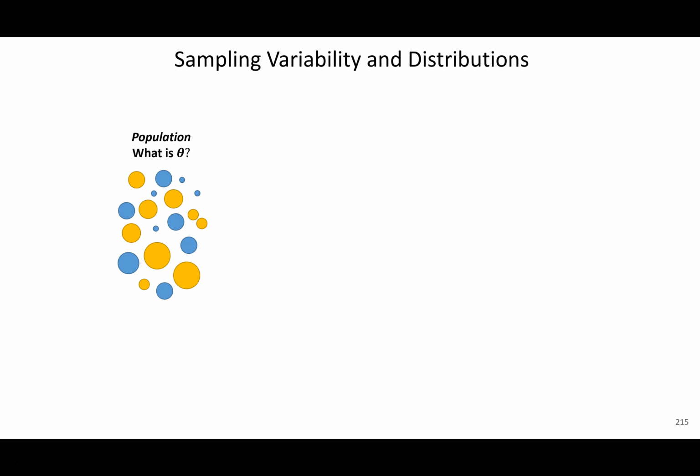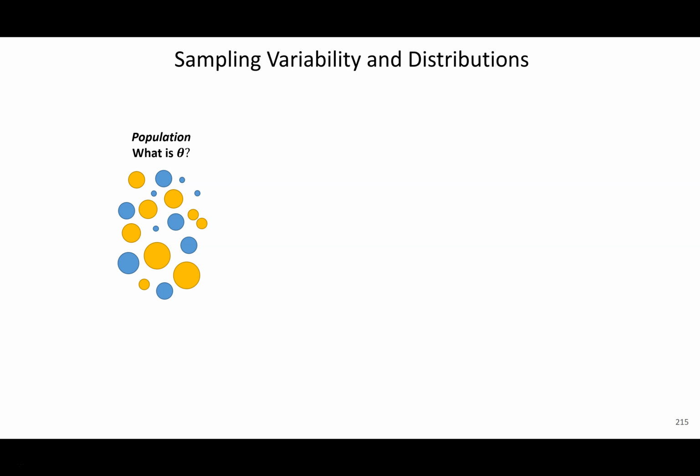So once again, we're going to start with our population and have a question. Usually it's going to be, what is the value of a specific population parameter? We're typically going to be looking at means and/or proportions in this class. There are other parameters people might be interested in, but those are the key ones we're going to look at.